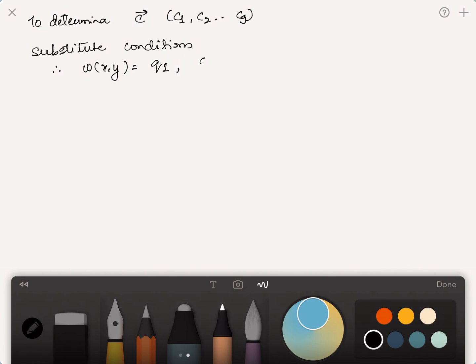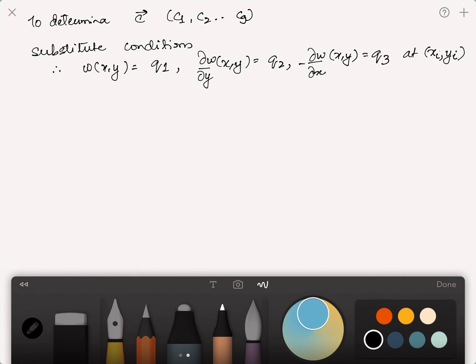Also, the partial derivative of W with respect to Y at xy is going to be equal to Q2, and the partial derivative of W with respect to X, negative of xy, can be written as Q3, where at x_i, y_i.